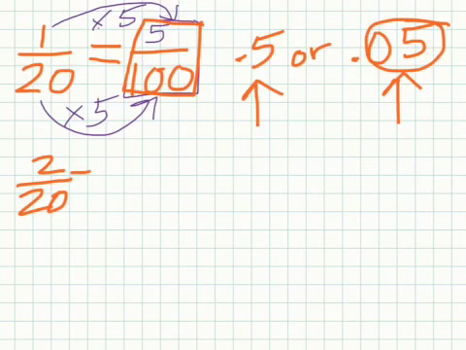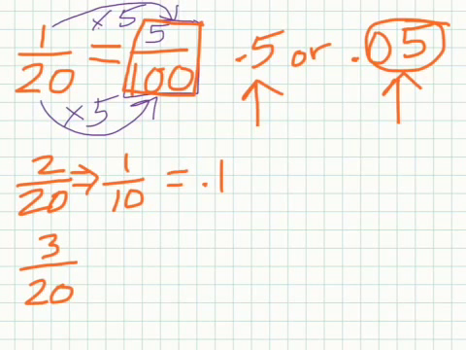Or you could look at the 2/20ths and say, hey, I can reduce that fraction. That's the same as 1/10. .1. Lots of good strategies there. On your odd number 20ths, you're not going to be able to reduce to the tenths. So that's a bummer. But we have ways of figuring it out.